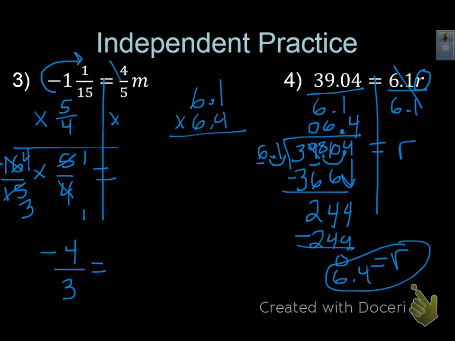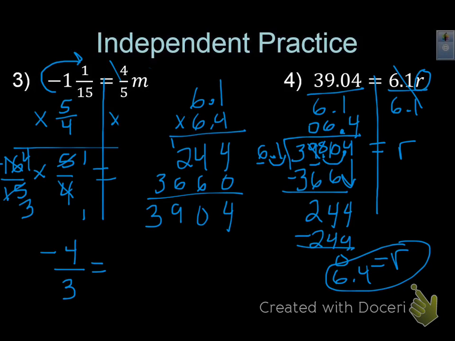So I first see 4 times 1 is 4, 4 times 6 is 24. Placeholder 0, 6 times 1 is 6, and 6 times 6 is 36. Add. 2 decimal places from my original problem, which means my answer is 39.04, or 39 and 4/100ths, which is the same from my original equation.